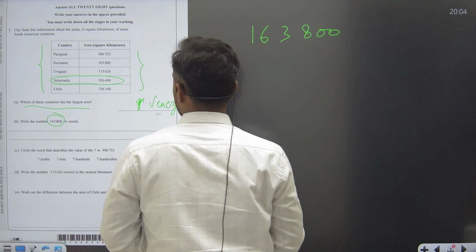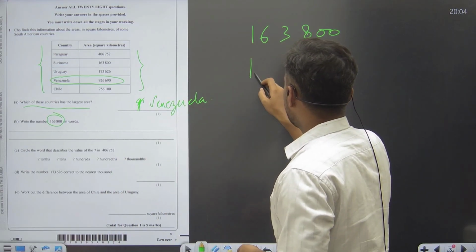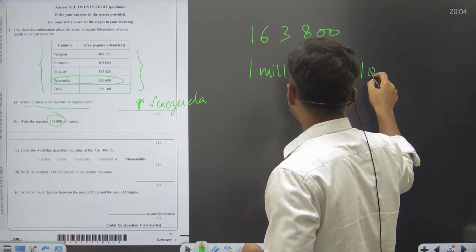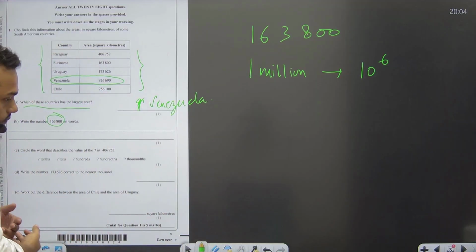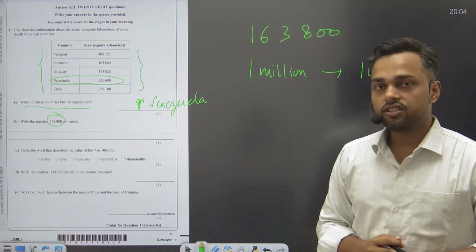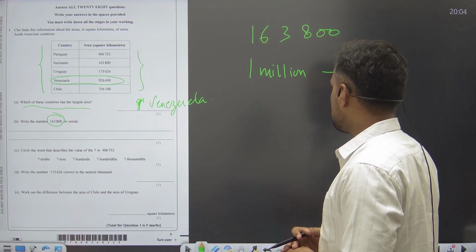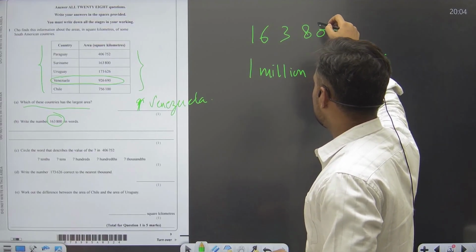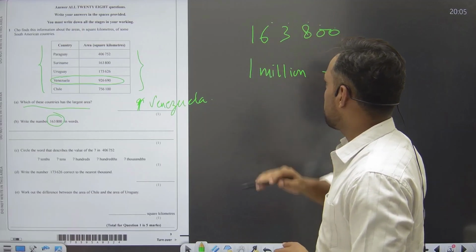For 1 million, how many zeros are present? 10 to the power 6. You count the digits: 1, 2, 3, 4, 5, 6.